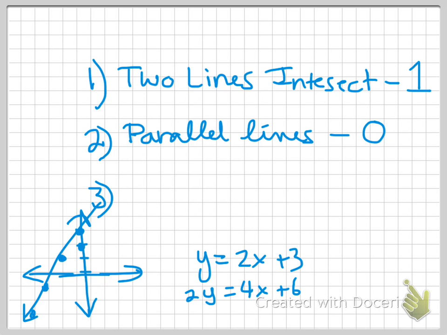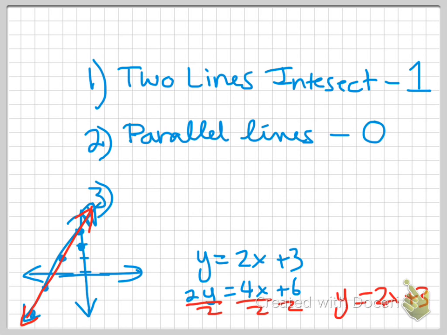Something like this, where that is y equals 2x plus 3, and when I get 2y alone, look what I end up with. y equals 2x plus 3. It's really the same line. So it's 2 lines on top of each other. How many points of intersection do they have?